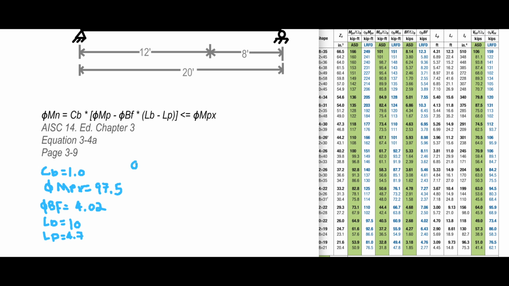So what is phi Mn? Well, it's equal to Cb, which is 1, times phi Mp, which we said was 97.5, minus phi BF, which we said was 4.02, times Lb minus Lp, times 10 minus Lp is 4.7.